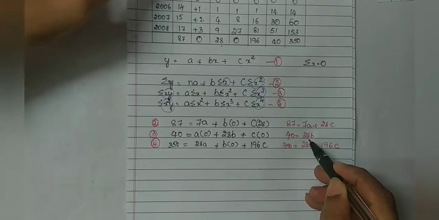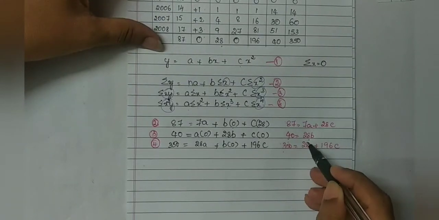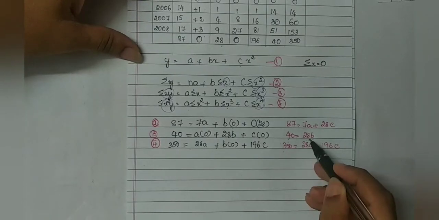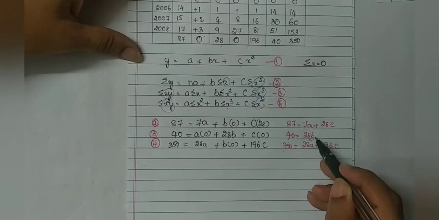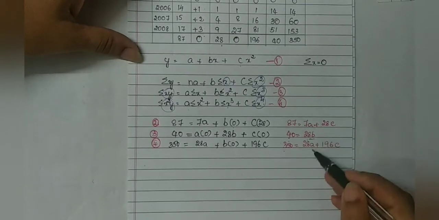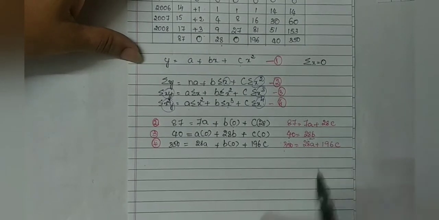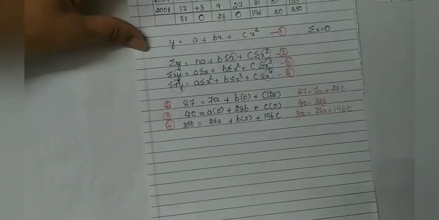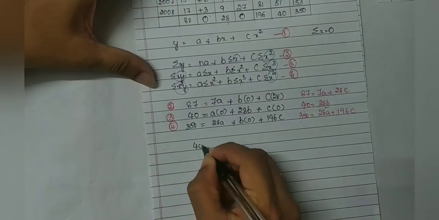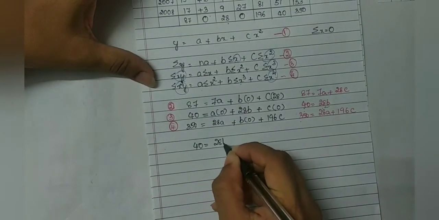Second, the third equation, that is 40 is equal to 28b, because using this, when you simplify this, we will get the value of b, and the b value we will apply to some other equation, and in the same way we will find out the value of a and c. So first step, 40 is equal to 28b.